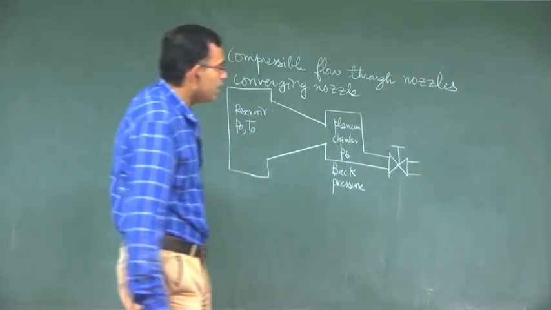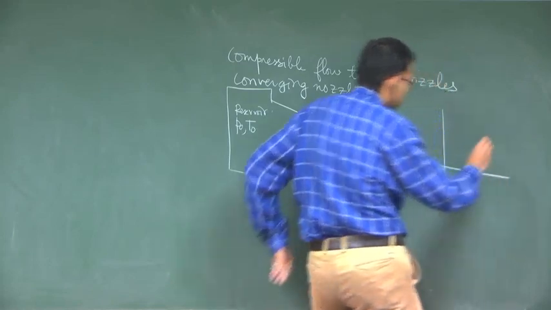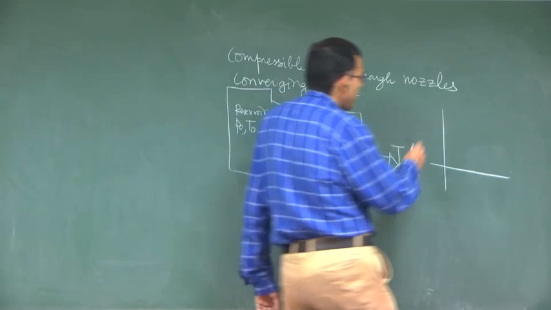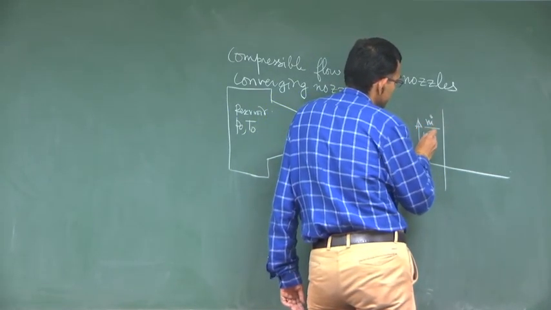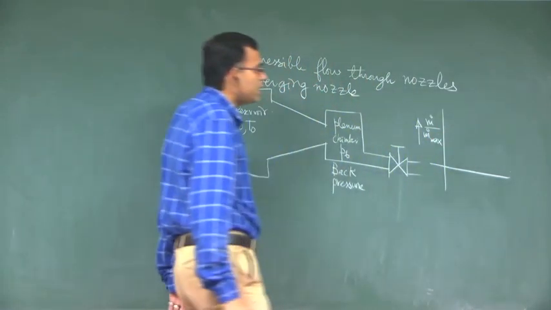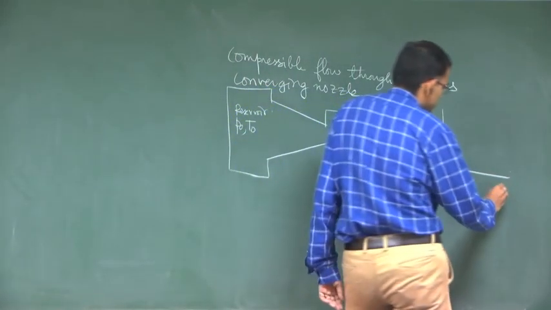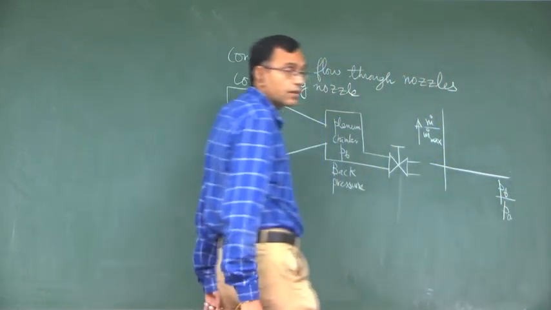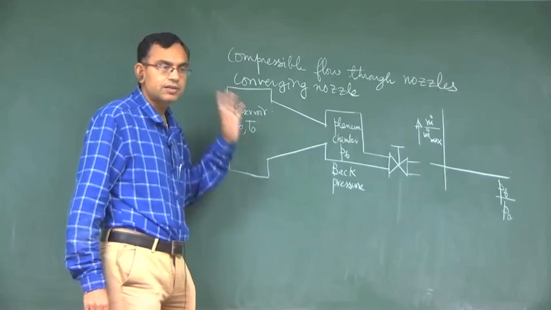So, somebody does this experiment, where the person is trying to monitor the mass flow rate by varying the back pressure, keeping the reservoir pressure fixed.